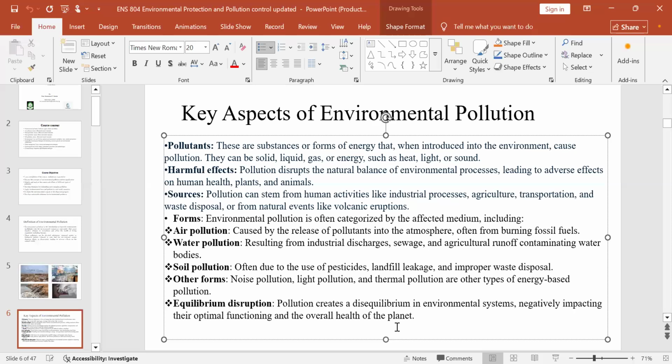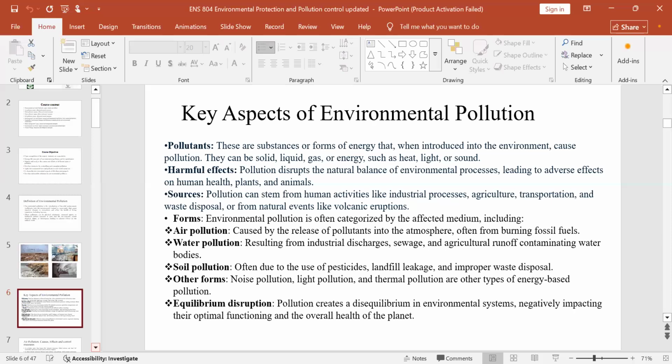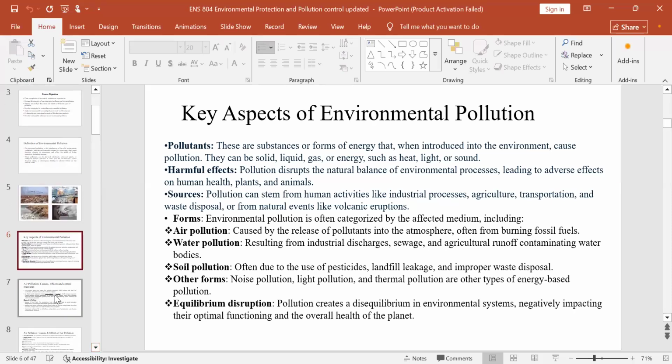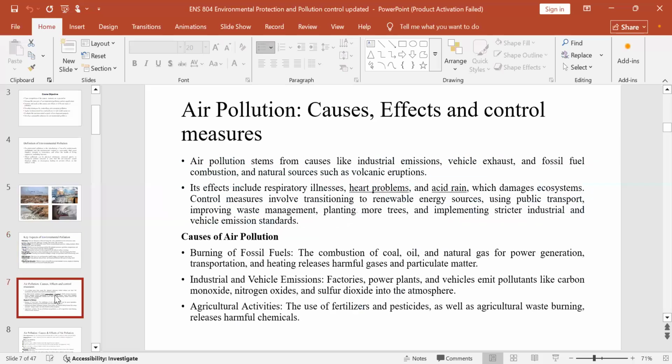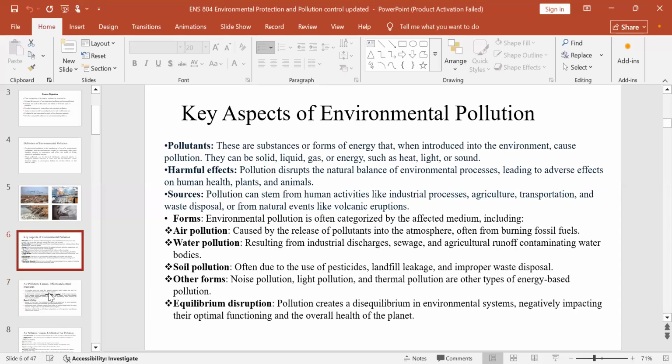You have disruption, alteration of the naturally occurring system. The ecosystem balancing process is altered, and the alteration is what will give rise to pollution and its effects. So those are key aspects of environmental pollution.